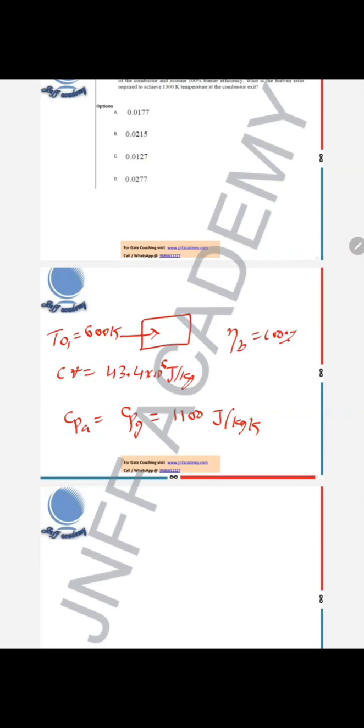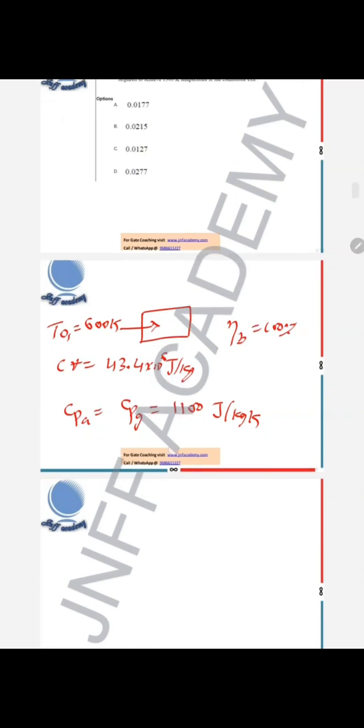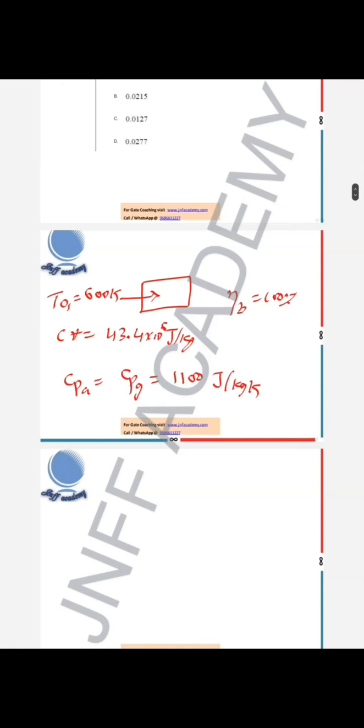What is the fuel air ratio required to achieve the outlet temperature of the combustor exit? How much outlet temperature do we want? We want outlet temperature T02 equal to 1300 Kelvin.